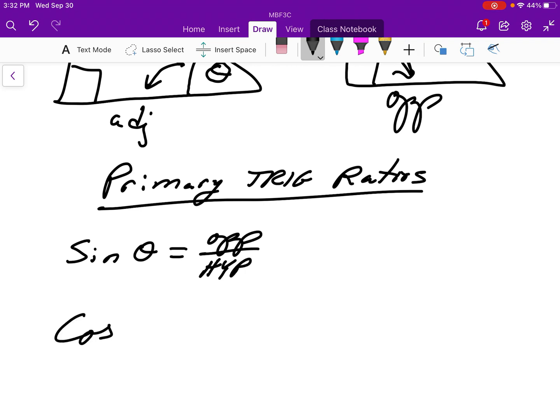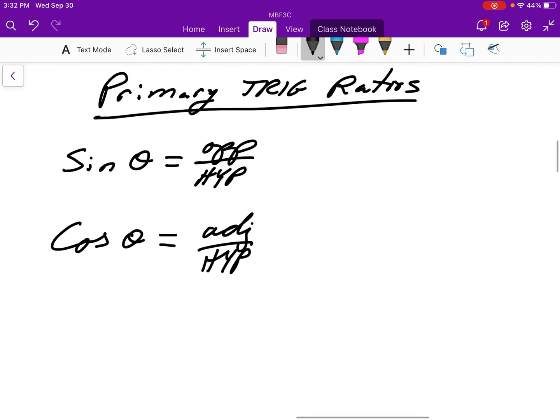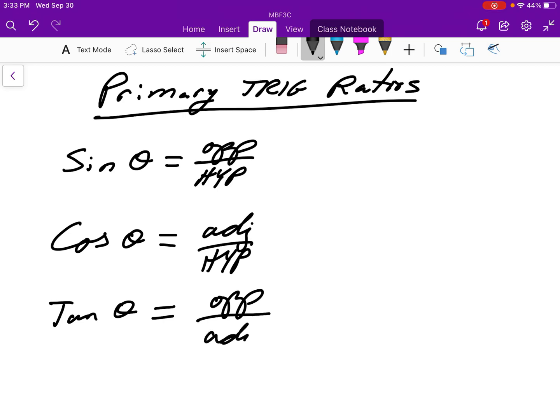We have the cosine of an angle, which is the adjacent side length divided by the length of the hypotenuse. And finally, we have the tan or tangent of an angle theta, which is the opposite side length to theta divided by the adjacent side length to theta. Basically we have to be able to use these in a variety of different situations.